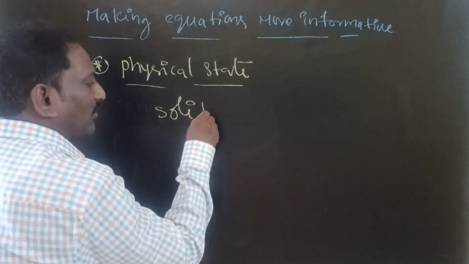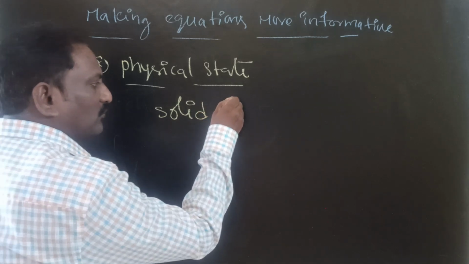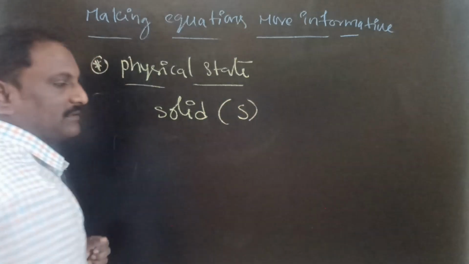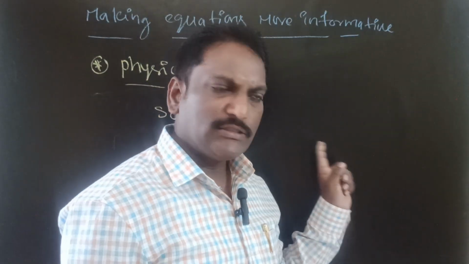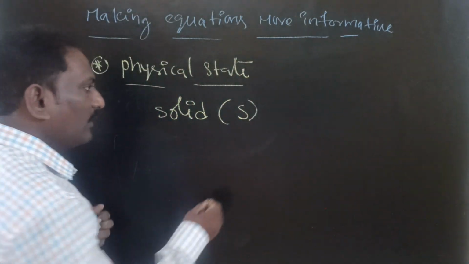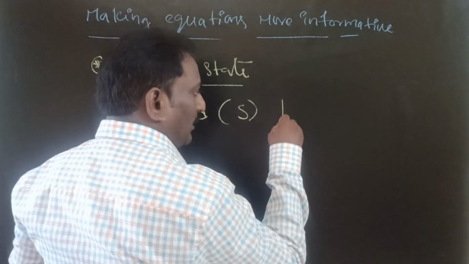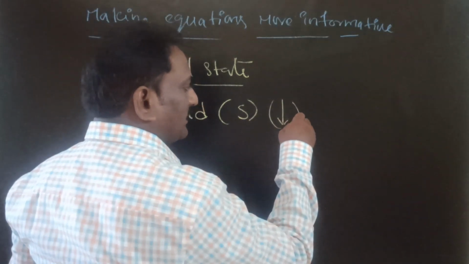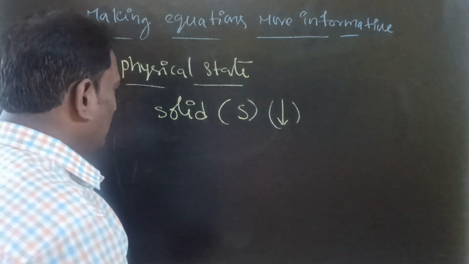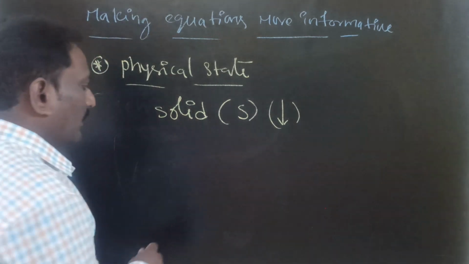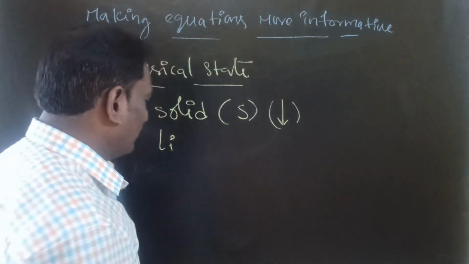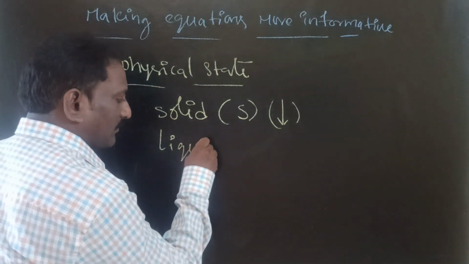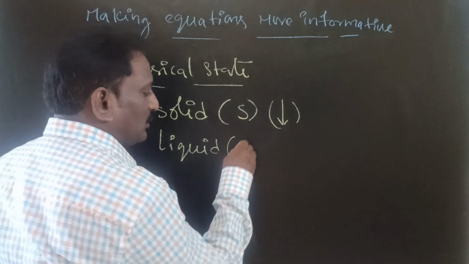If reactants or products are in solid state, we should write small s beside the chemical formula of the reactant or product, or a down arrow mark. This is also a representation of solid. Next, if the reactants or products are in the form of liquid, we use small l.